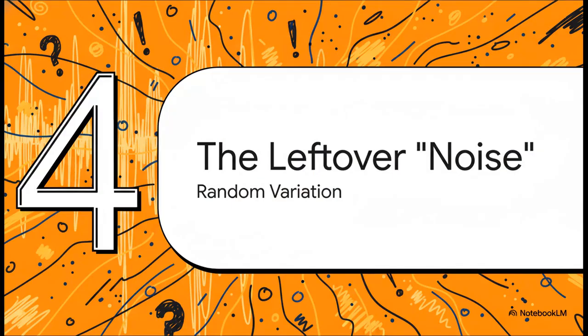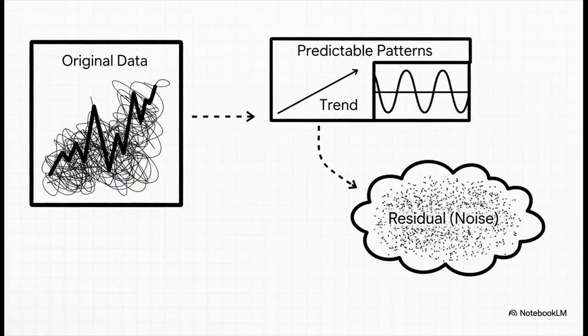Okay, so we found a long-term trend and a repeating seasonal rhythm. But what about all those little random jitters that are left over? The ones that don't fit perfectly into these big patterns. Well, even after we account for those big, predictable movements, there's always some irregular, random variation left behind. This leftover component is what statisticians call the residual, random variation, or sometimes just plain noise.